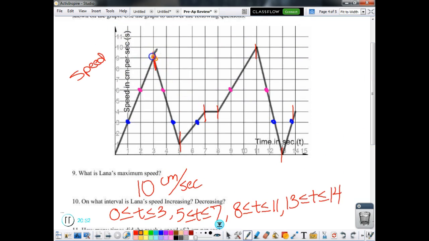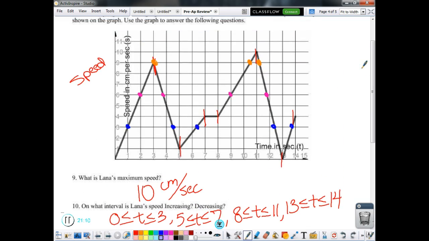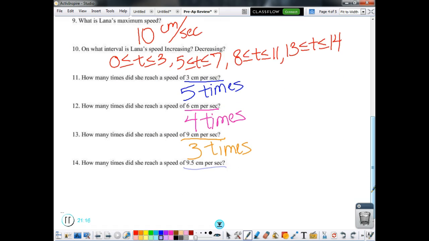So that's once right here, twice, 3 times. And then 9.5 is right here. 1, 2. 2 times. Does that make sense?